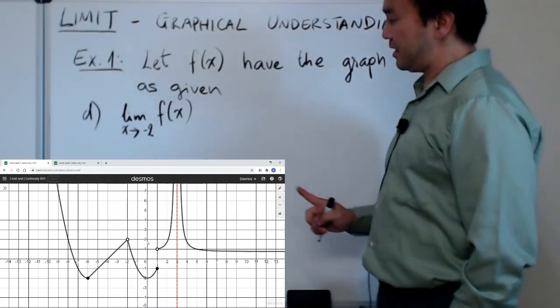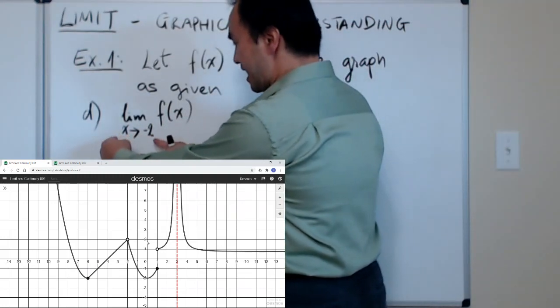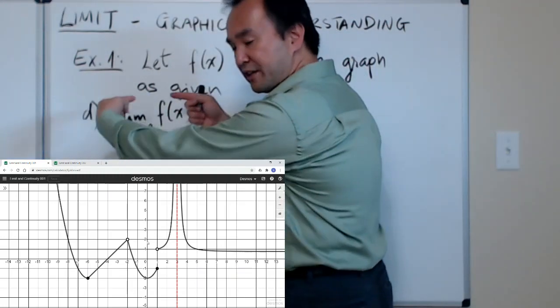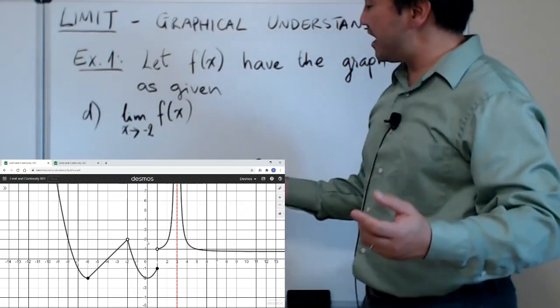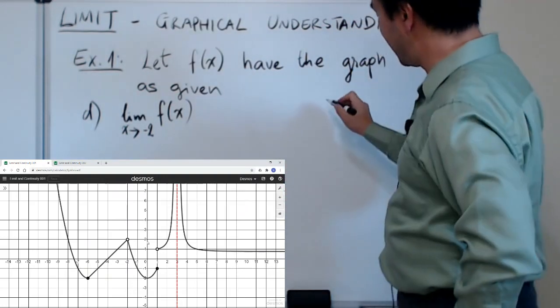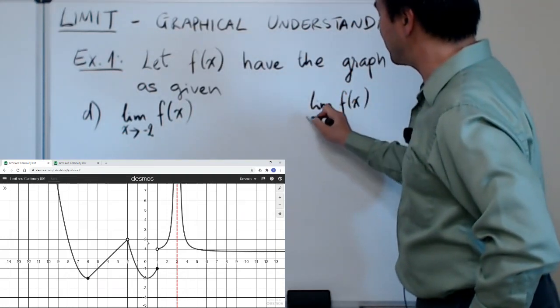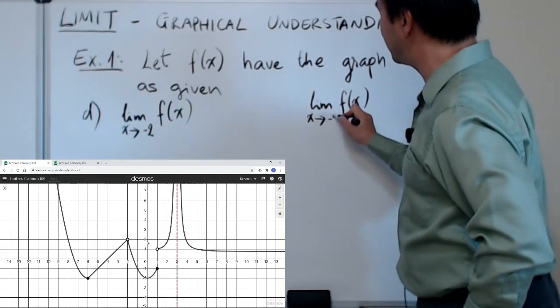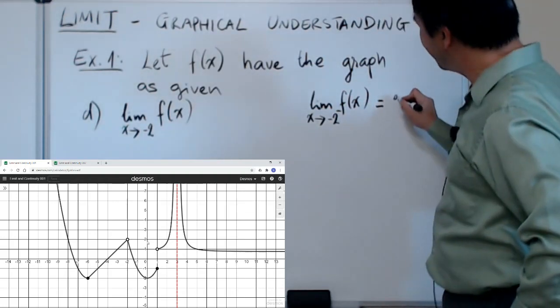Here I'm looking to find the limit of this function f of x as x gets close to -2, generally from both sides. Let's utilize what we have already done. Same function, same graph. If we get close to -2 from the left-hand side, our answer was 2.